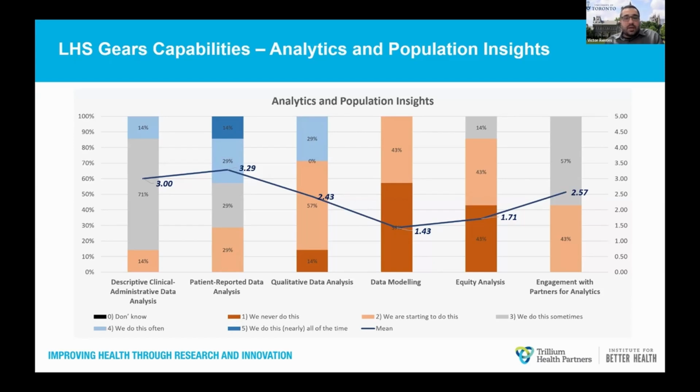But certainly equity analysis, for example, was something I would recommend this sample of participants focus on. We have 43% saying that we never do this, 1.71 mean, so we're in between we never do this and starting to do this, but not quite at 2, right? So that would be something that this team could focus on based on this type of analysis.